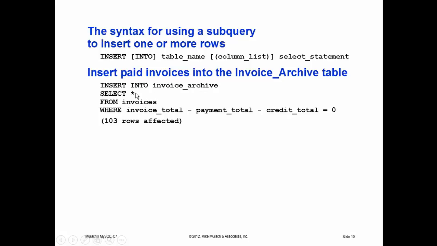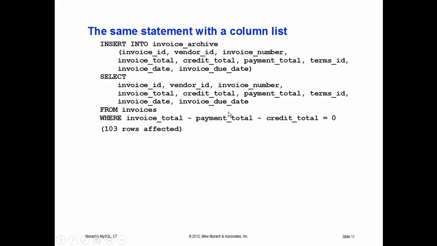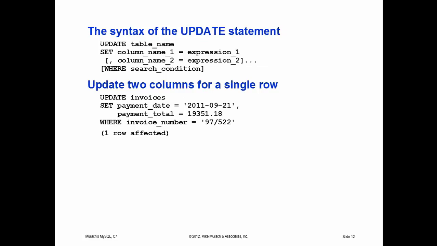So basically it's copying everything from the invoices table where the invoice total minus the payment total minus the credit total equals 0. So it sounds like somebody who owes no money. All right. And they show how you can do that with a list of columns also. There's a lot of ways you can do the same thing.